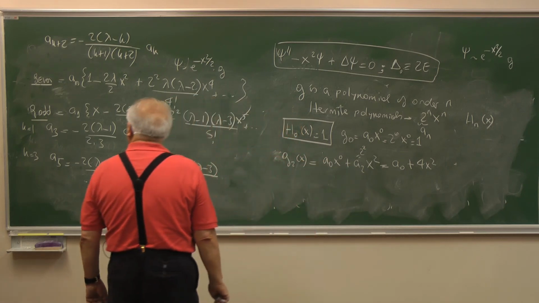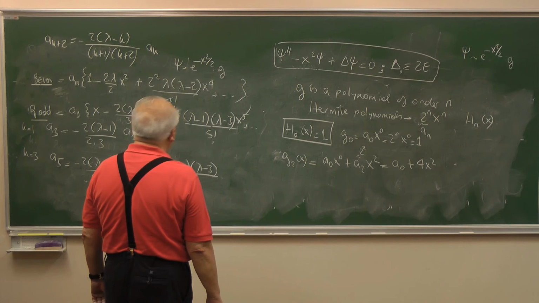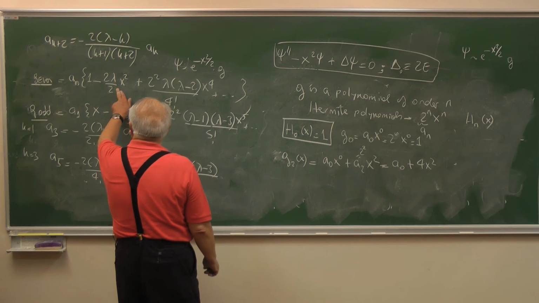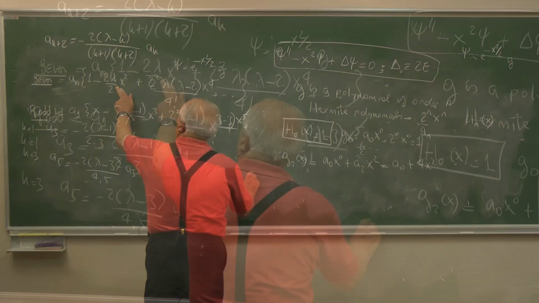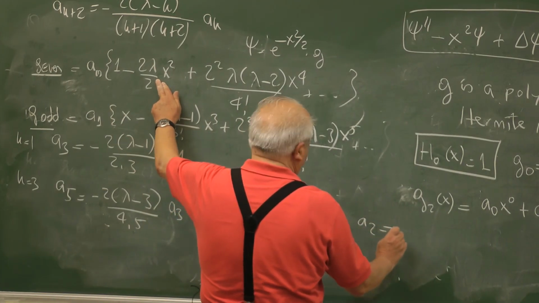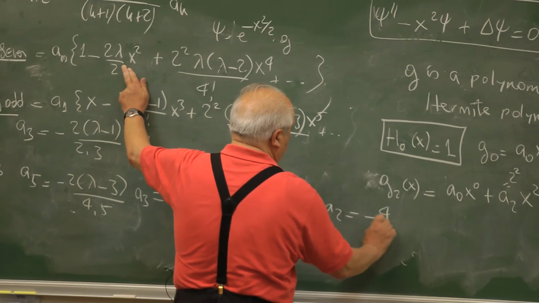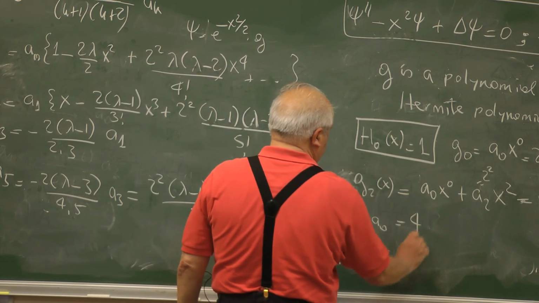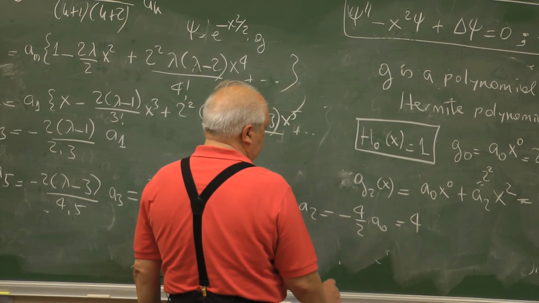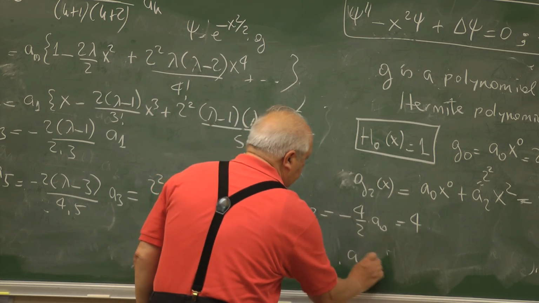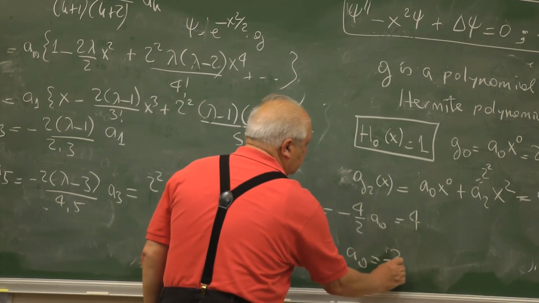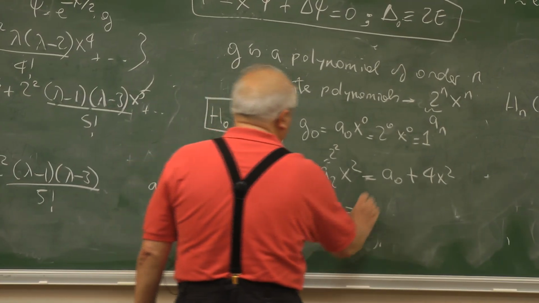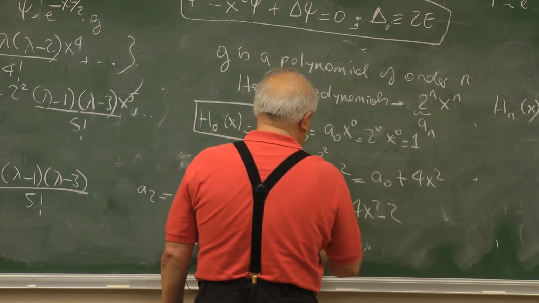All right. Let us look at a2. Lambda is 2. a2 is minus 4 over 2 a0, which is 4, which gives me a0, 4 cancel, is minus 2. So H2 of x is 4x squared minus 2.